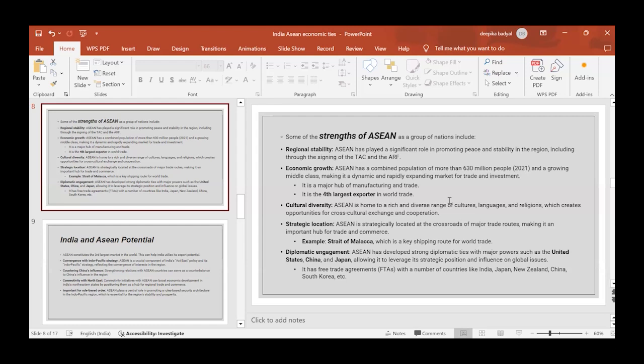That is why it has positioned itself as a strategic partner. That is why all the global countries, be it the US, be it China, be it India, everybody is looking at ASEAN. And in diplomatic engagement, ASEAN has developed strong diplomatic ties with major powers, allowing it to leverage its strategic position and influence on global issues.